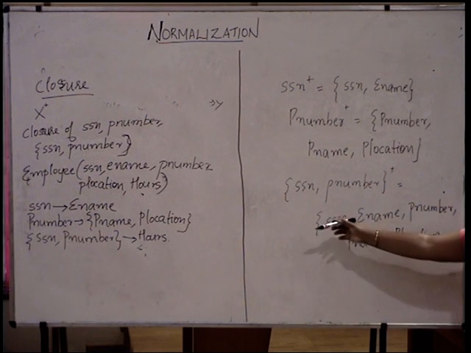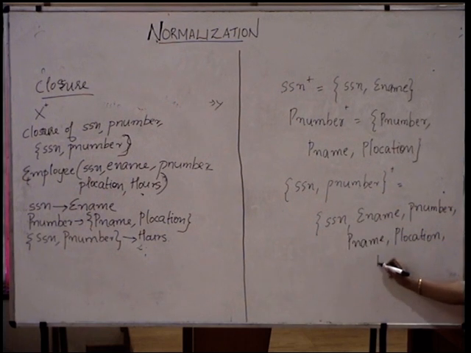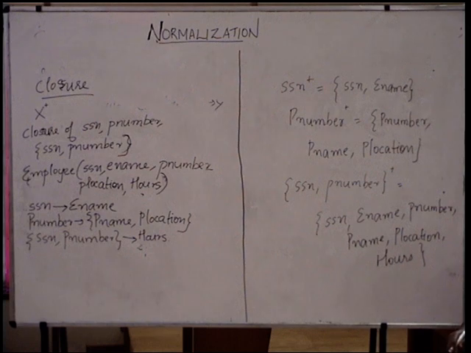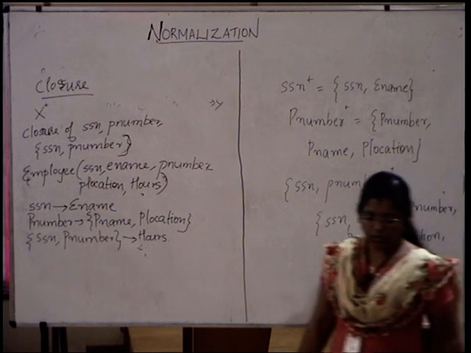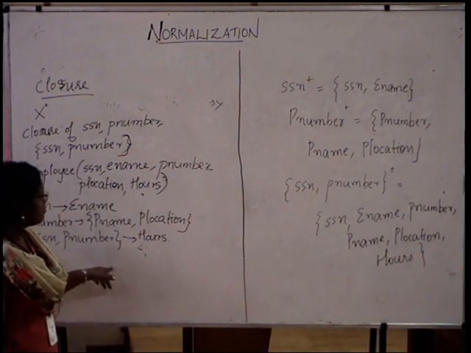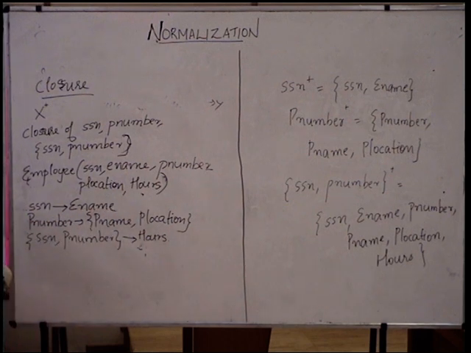Then SSN and P number together determines hours. So from these identified closures, the closure of SSN P number contains all the attributes of the given schema.